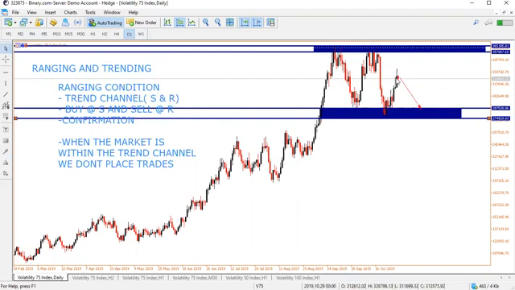So you see that you're going to lose. But if you have taken your entry at a support or a resistance region, then and only then will your trades be very much protected, guys.